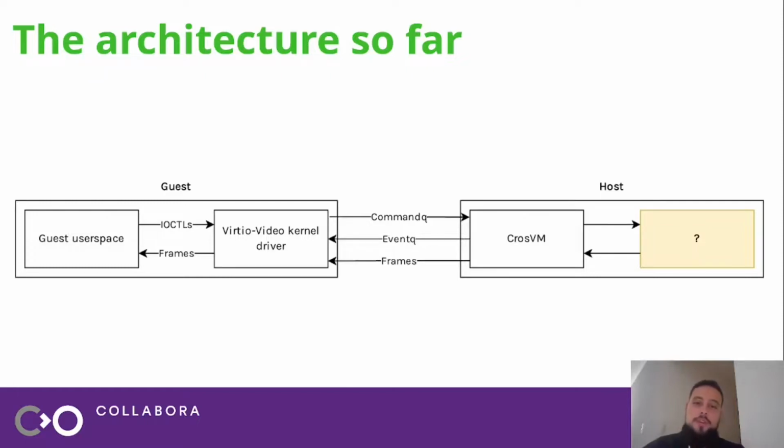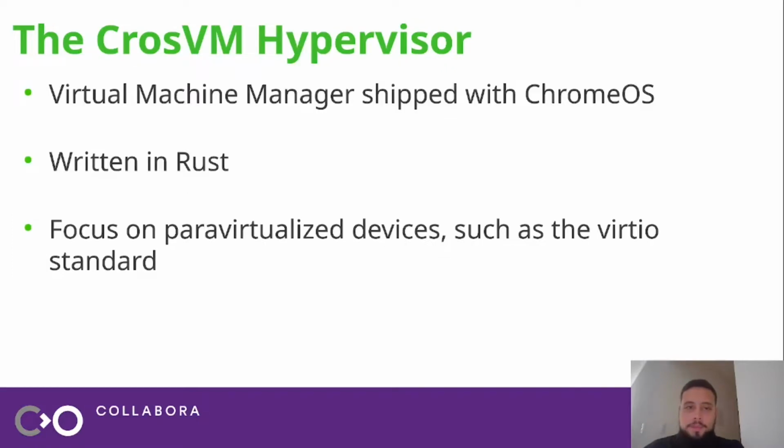It'll also eventually be sending back some events, and also most importantly, it's going to be sending back some decoded frame data, and the kernel driver will be piping this data back to the guest user space, and then the guest user space will have issued the ioctls and gotten back the data, unaware that it was virtualized at all.